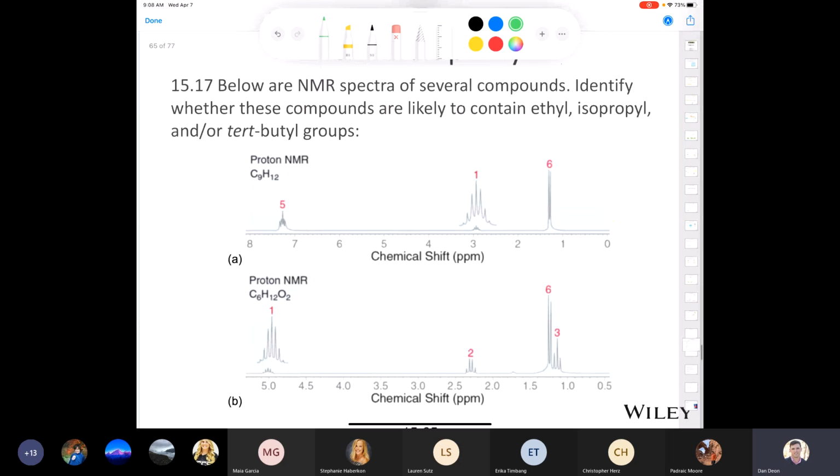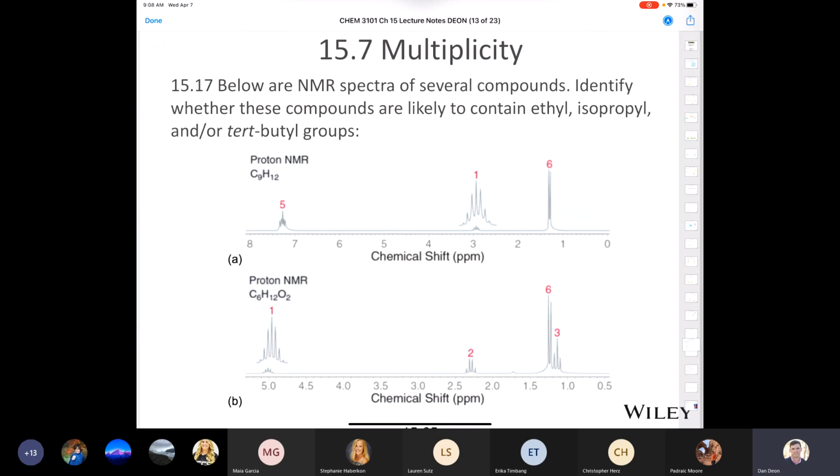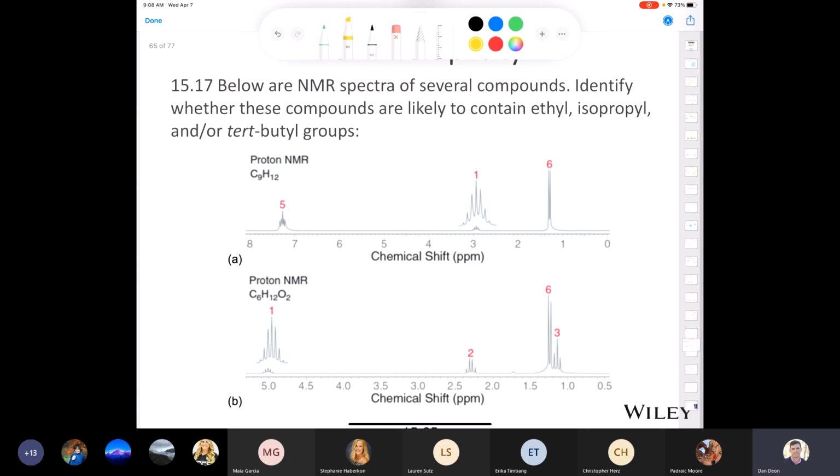Let's try another problem. 15.17, it says here are some NMR spectra. Identify whether these compounds are likely to contain an ethyl group, an isopropyl group, or a tert-butyl group. Could anybody tell me which one of those groups is in the first spectrum? I'll help you out.